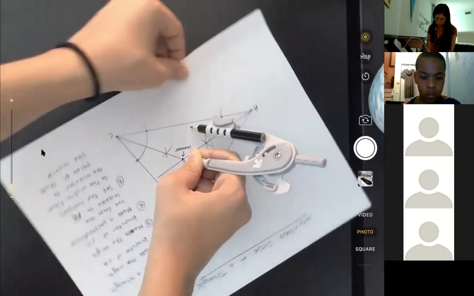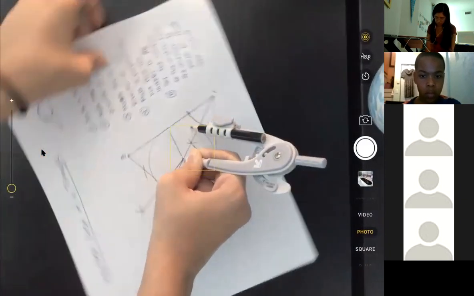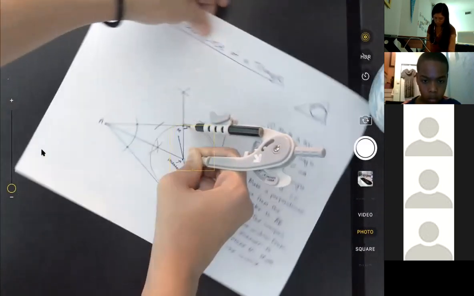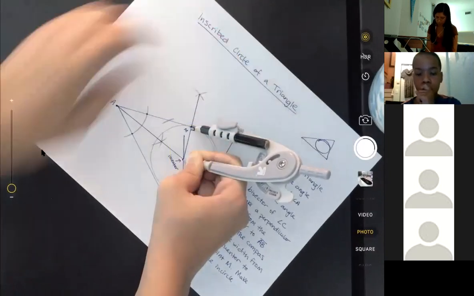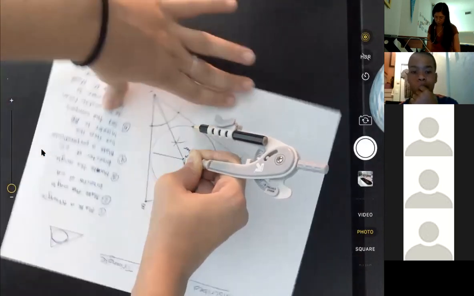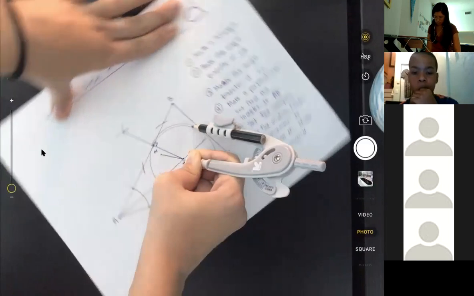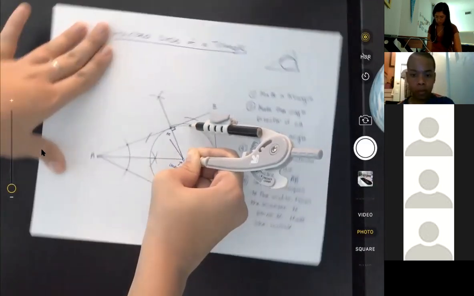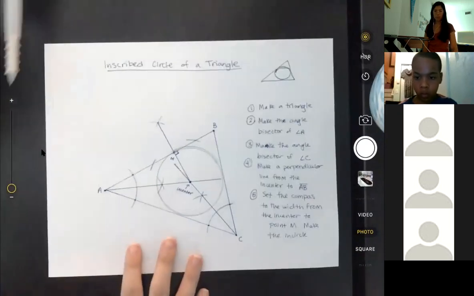It's kind of hard to turn the paper. Okay. This one's really hard to get perfect. So mine's not perfect, but it's pretty close. There we go. There is my in-circle.